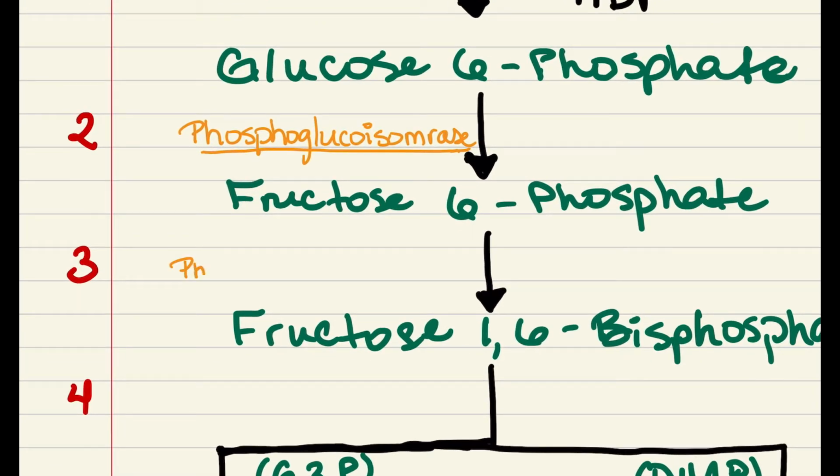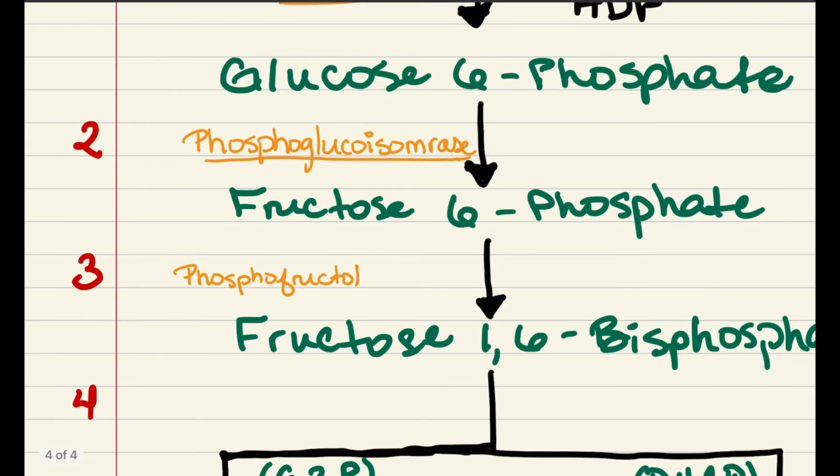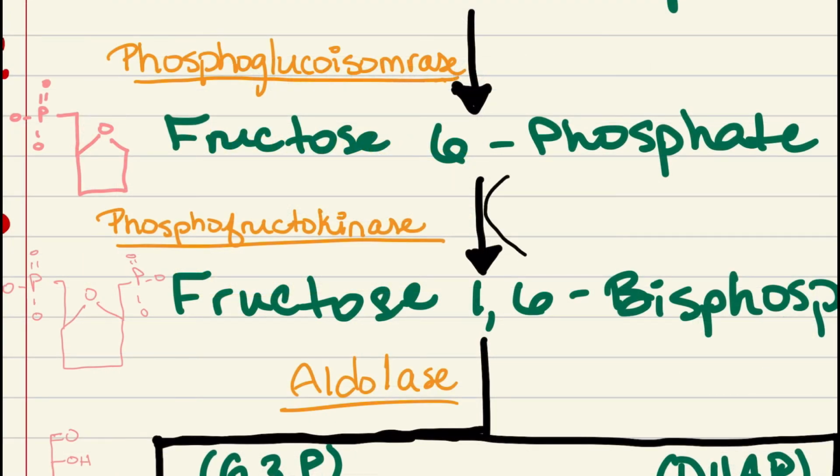Then, with fructose 6-phosphate, it's converted by one of the most regulated enzymes in glycolysis, phosphofructokinase. Some people call it PFK1, but it's most regulated because it catalyzes the first unique step in glycolysis, converting fructose 6-phosphate to fructose 1,6-bisphosphate.